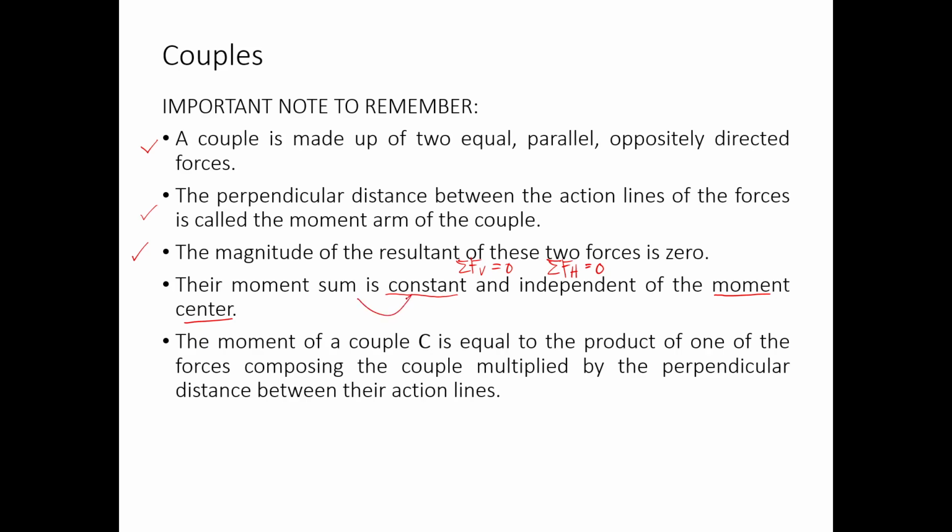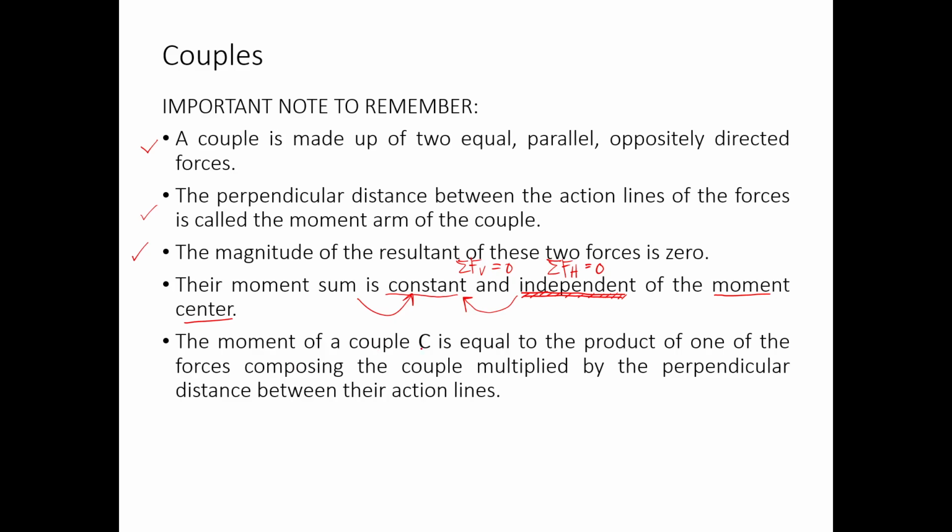That's why it's constant, regardless of the location of your moment center. At any location you put your moment center, the value of the moment sum is still the same.